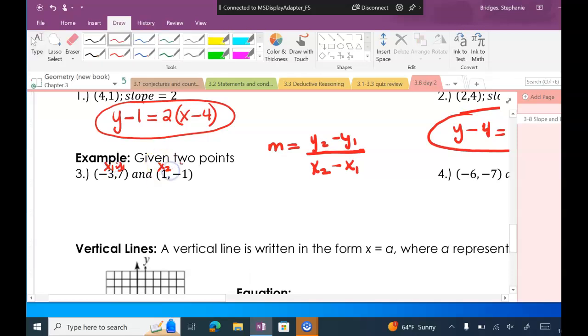Y goes on top. You talking about in the slope formula or the point slope? Y2 minus y1. Labeled my points x1, y1, x2, y2. I can now plug those in to find my slope. Y2 I labeled was -1, minus y1 was 7. X2 was 1, minus x1 is -3.